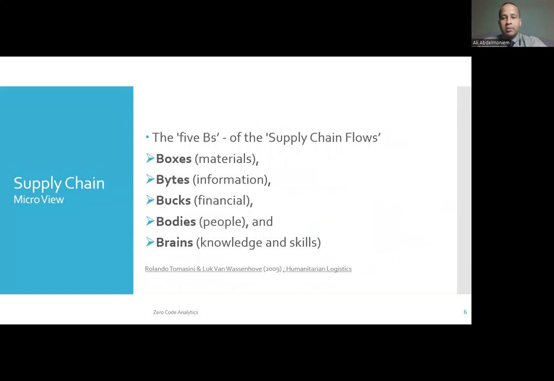Supply chain in all shapes, forms, and sizes must involve the flow of one of the 5 B's. Most critical are bucks and what they buy in forms of boxes, materials, or services as skills, brains, or labor, bodies. The advanced and simplest form of supply chain link includes information transfer, bytes.